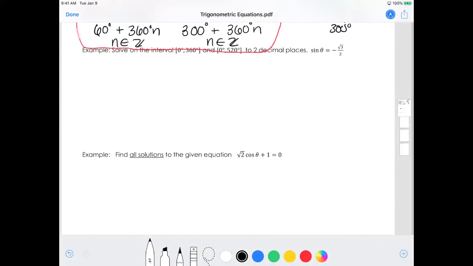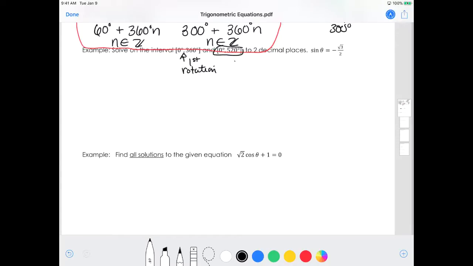Okay, the next example says solve on the interval from 0 to 360 and the interval 0 to 520. So this is on the first rotation, and this would be on the first two rotations, because you're going around twice. You're going 360, and actually I just noticed there's a typo.